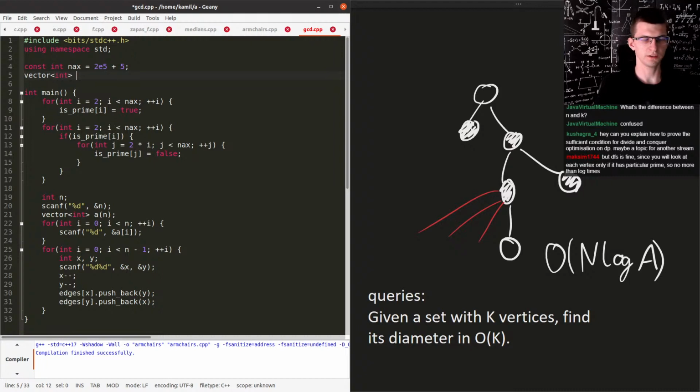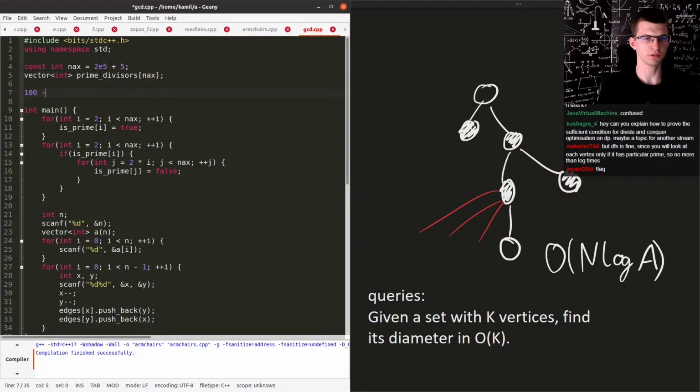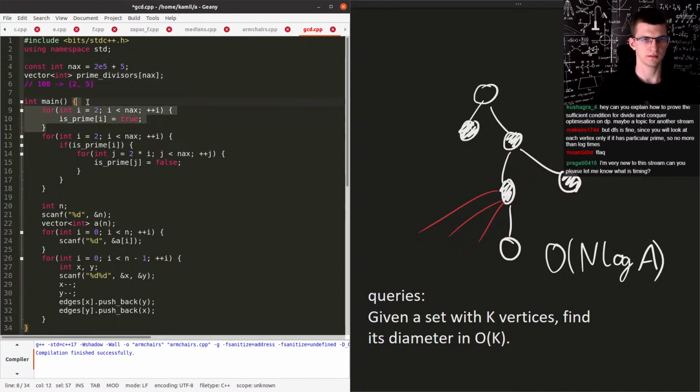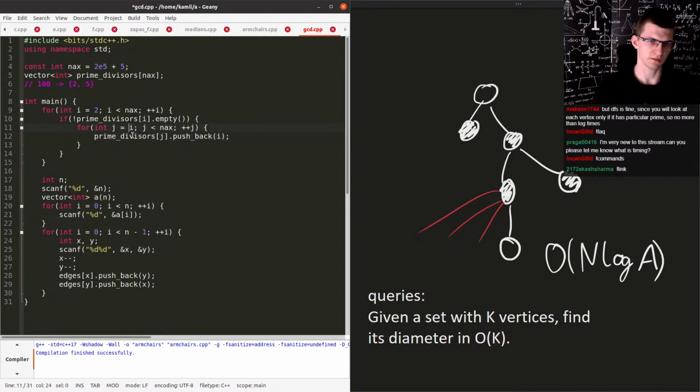For every value I want its prime divisors. For example, for 100 I want 2 and 5. Those are prime divisors. If there are no prime divisors of a number, then it's prime, and for those, add the prime divisor, including yourself. So 5 will also have prime divisor 5.